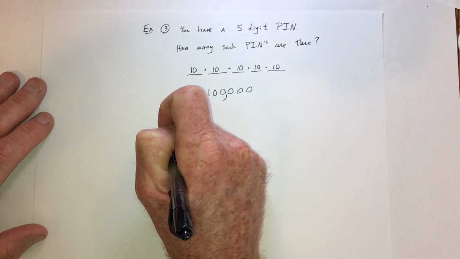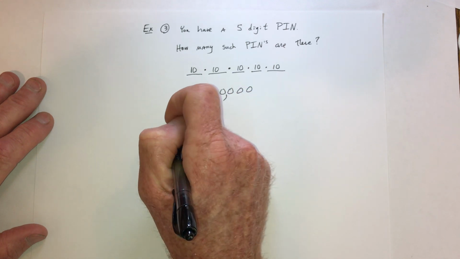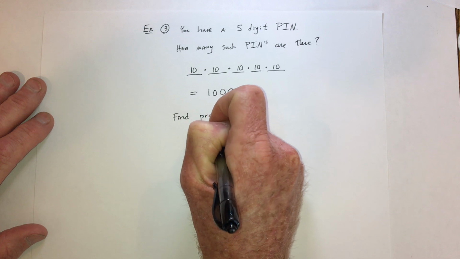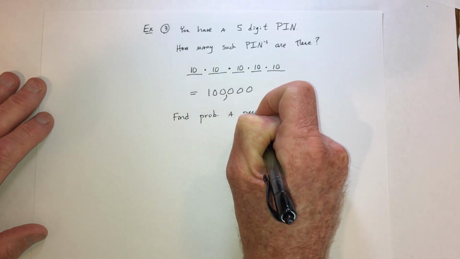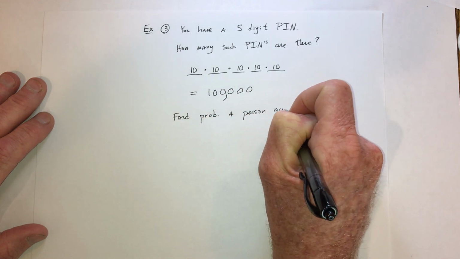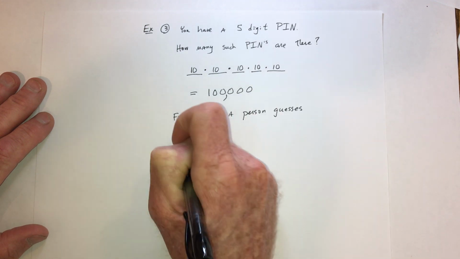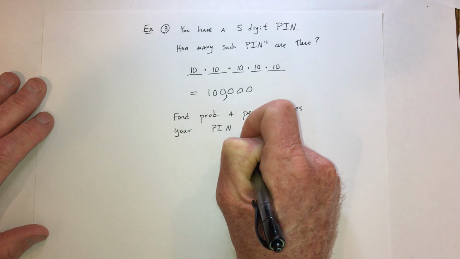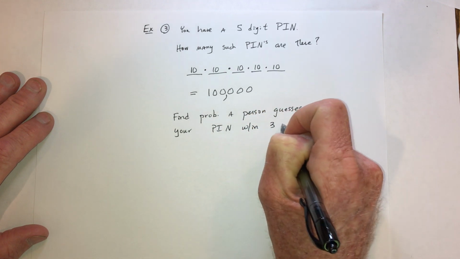So that was actually my question. I didn't write it down. Find the probability a person guesses your PIN within 3 tries.